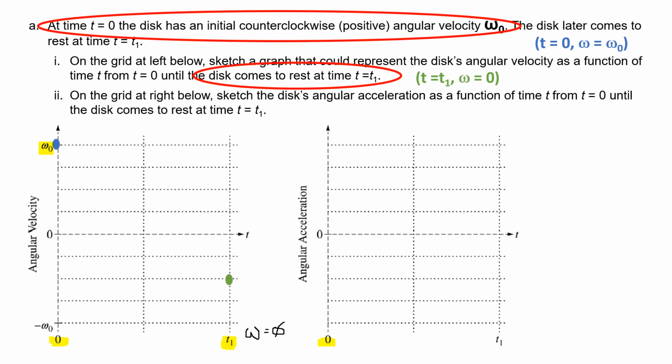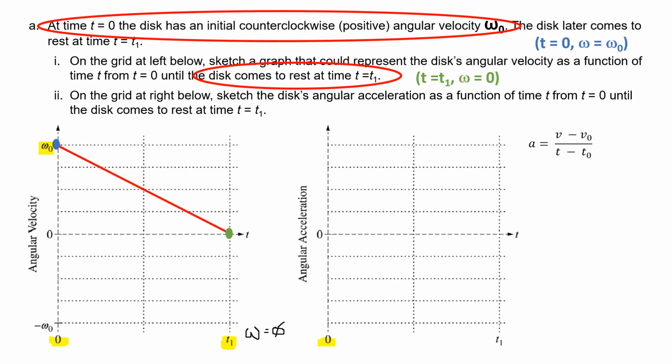Let's plot that dot where it says t sub 1 and omega is equal to 0. By connecting those two dots, you have a steep slope starting from omega sub naught all the way to 0 at t equals t sub 1.